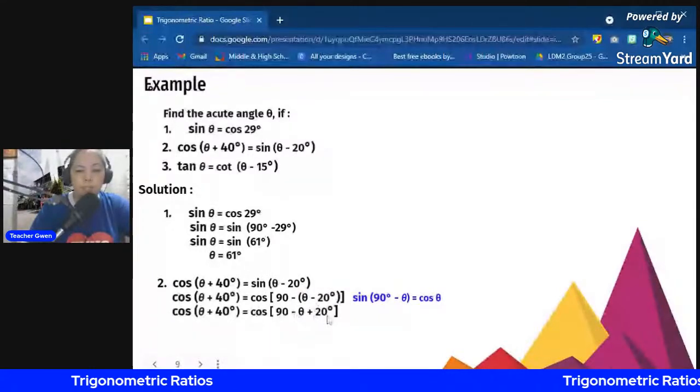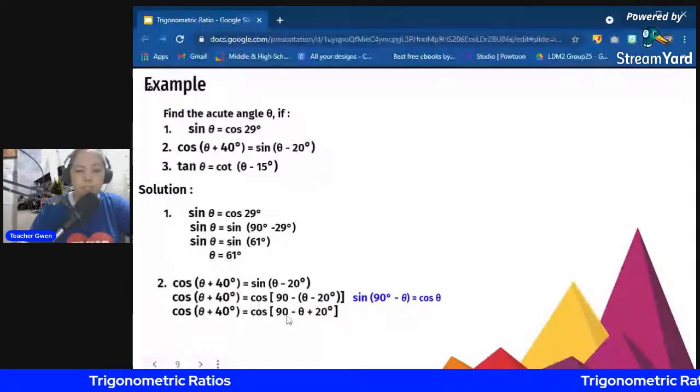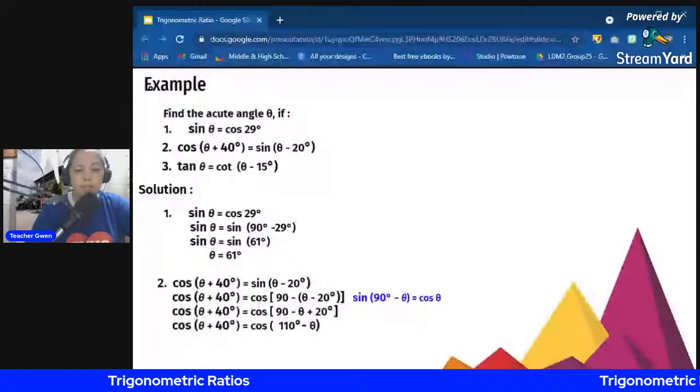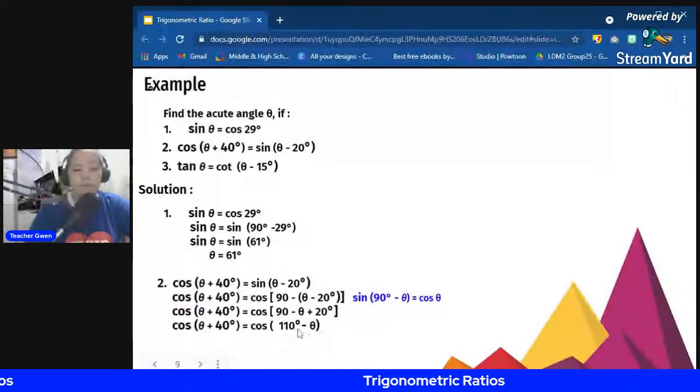Okay? So, next, we have here 90 plus 20, okay, minus theta. So, cosine of theta plus 40 degrees is equal to cosine, okay, cosine of 110 degrees minus theta. So, sa atong next nga buhaton.